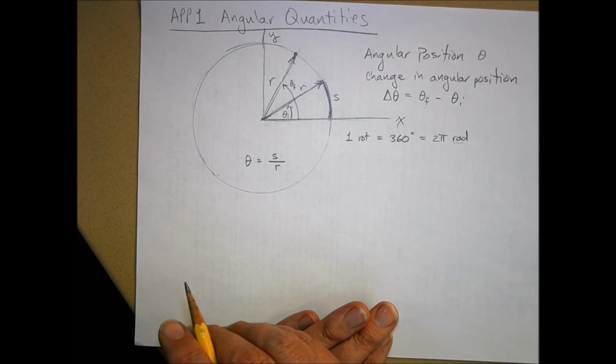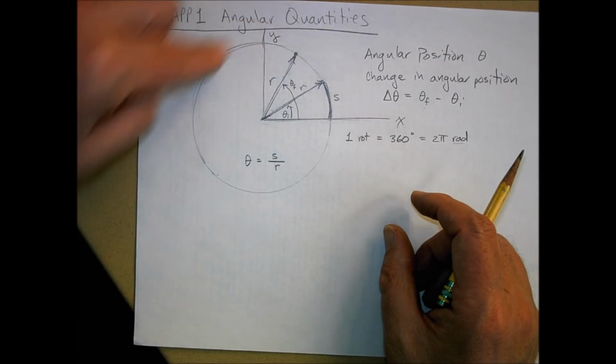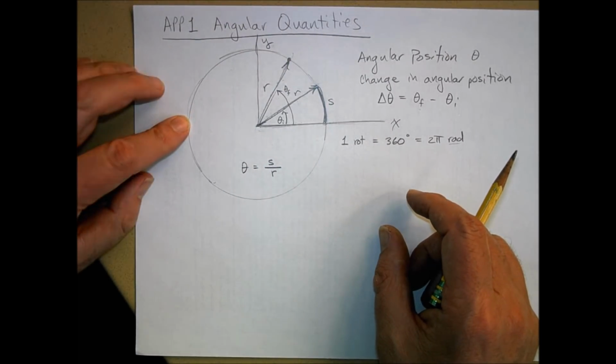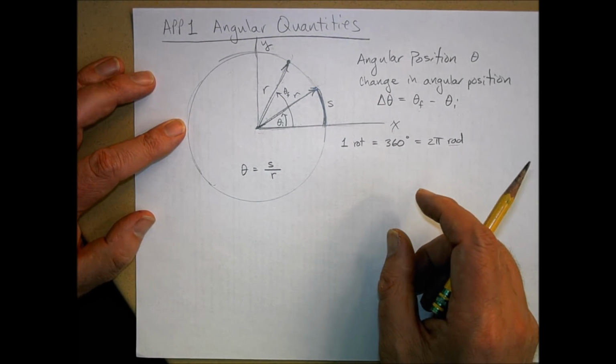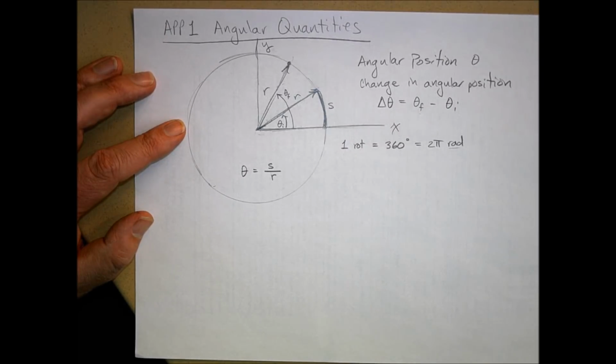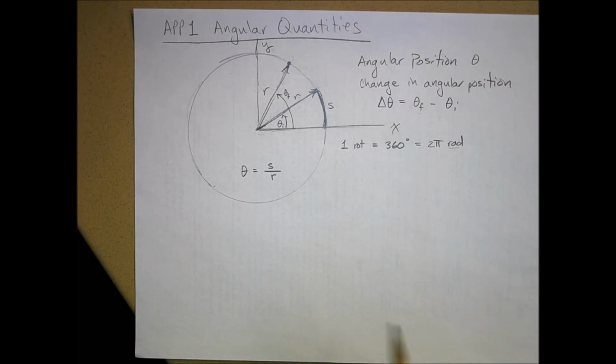I mean, pi is how many radiuses wrap around from here over to here. That would be pi radians, right? So it's based on the circle, which is really nice. 360 degrees, that was pretty arbitrary, right? You could have picked any number to divide it up in, but they picked 360 because 360 is easy to divide up into ninths and quarters and halves and stuff.